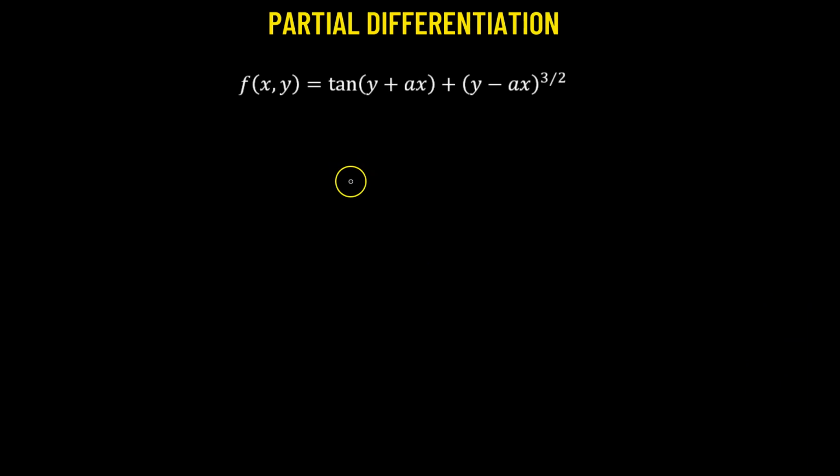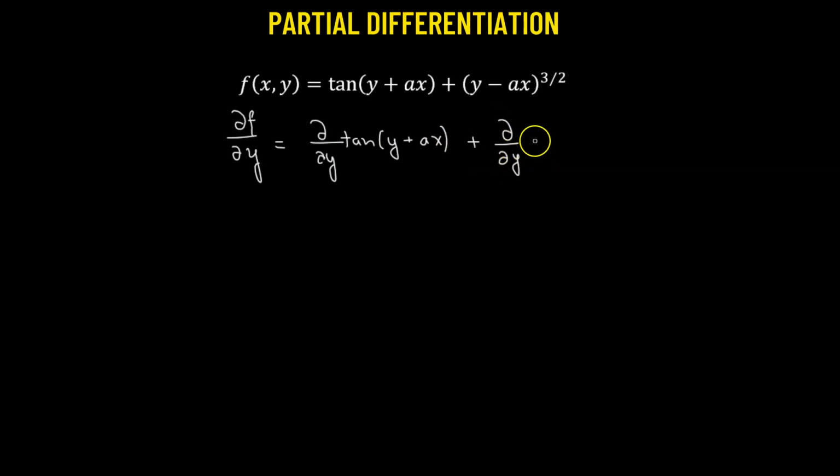So we'll again consider our original function f. Now we will take the partial of f with respect to y, which will be equal to the partial with respect to y of tangent of y plus ax plus the partial with respect to y of y minus ax raised to the power of 3 over 2.